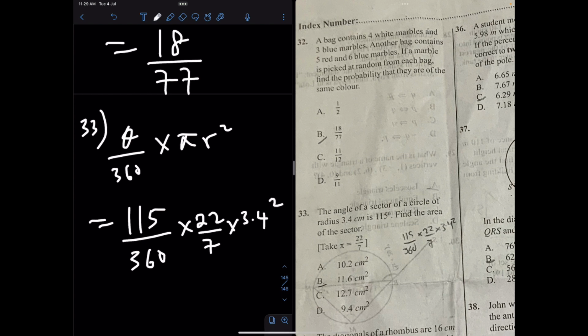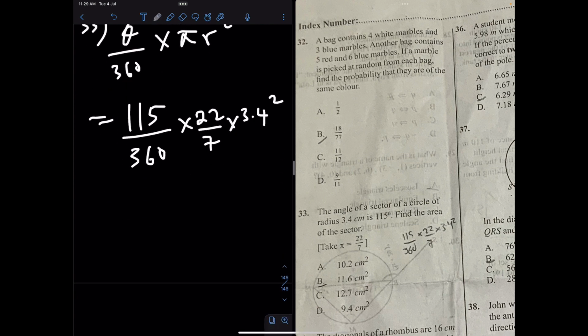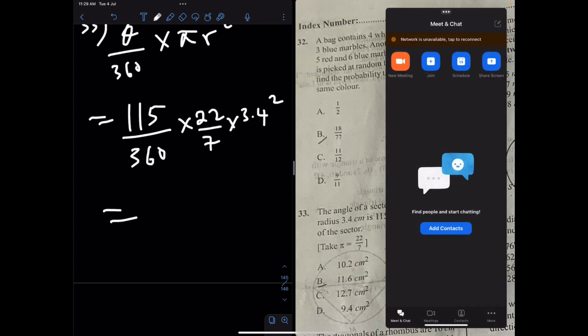3.4 squared, and you can do that on a calculator.